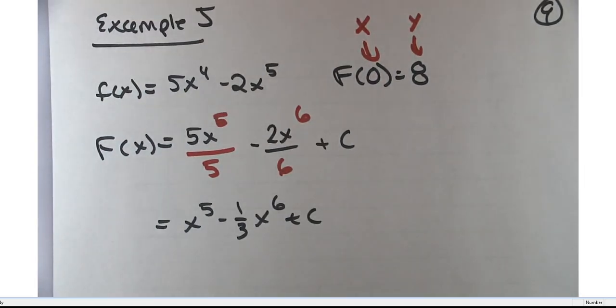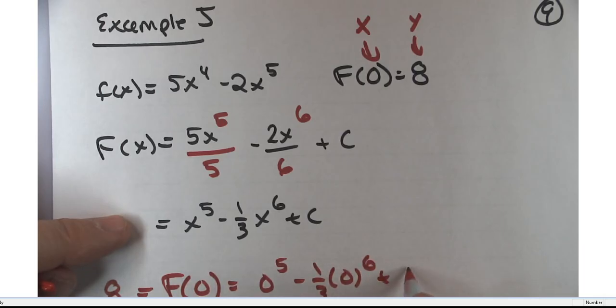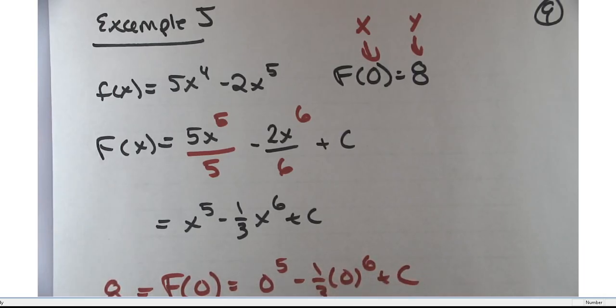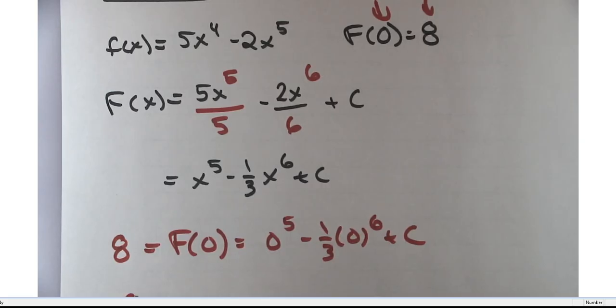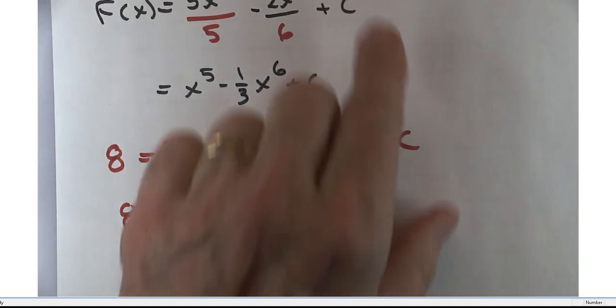So let's plug in that and see if we can figure out what's going on. So I get 8 is my f of 0, which is going to be 0 to the 5th minus 1/3 of 0 to the 6th plus c. So basically that's telling me 8 equals c. 8 is the correct choice of c, so that my function actually passes through this point.